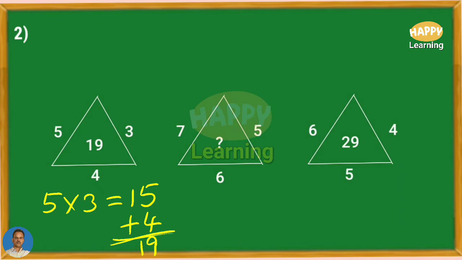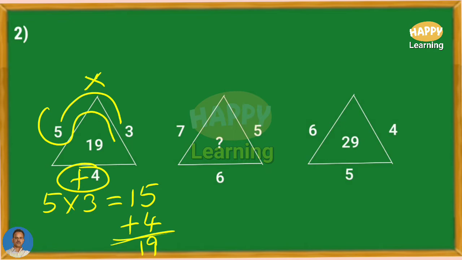That means we are multiplying these two, then we are adding this number. Okay, so this is one number and we are multiplying 5 and 3, then adding 4, we get 19, and 19 is there at the center.